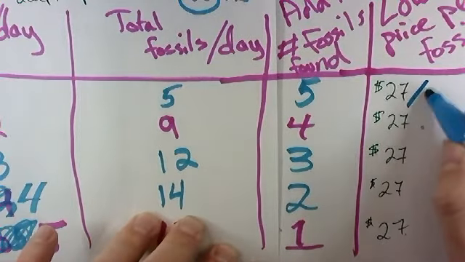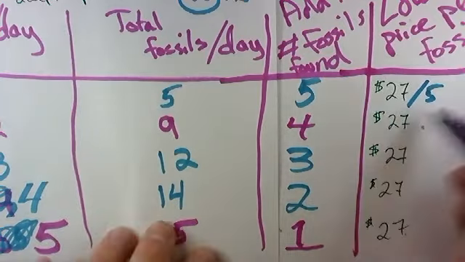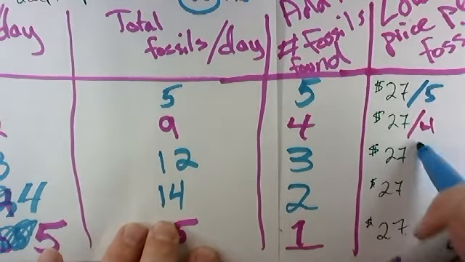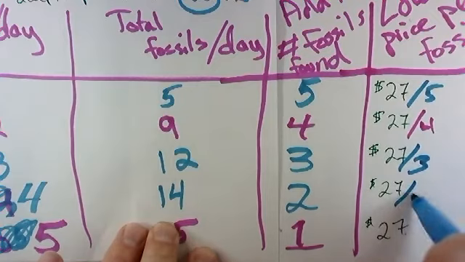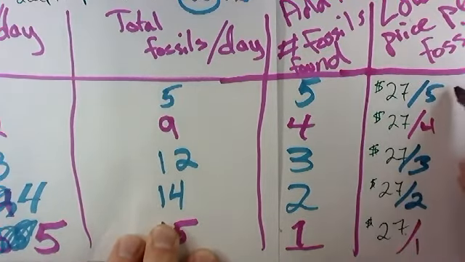So this is going to be divided by 5, this is going to be divided by 4, this is going to be divided by 3, this is going to be divided by 2, and this is going to be divided by 1. And then we're going to calculate these amounts, right?